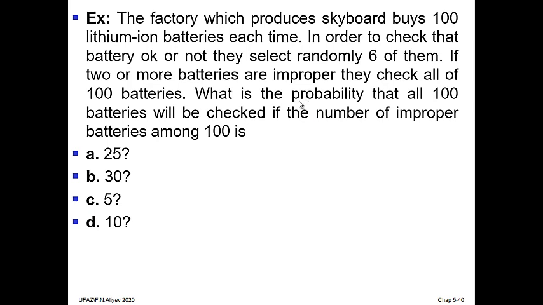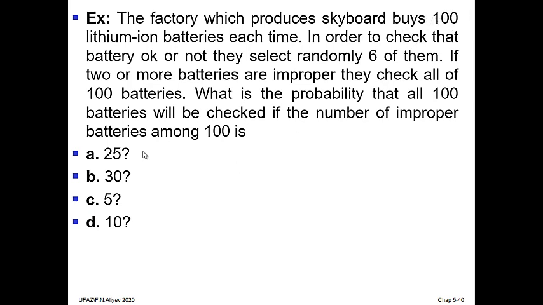Okay, here X more than or equal to 2 represents the number of improper batteries in the sample. And here 25, 35, 10, these numbers represent for each case the number of improper batteries in the population, in the big set.